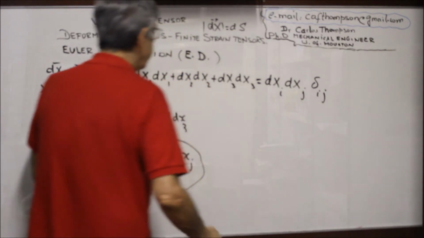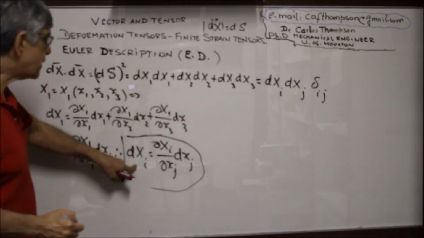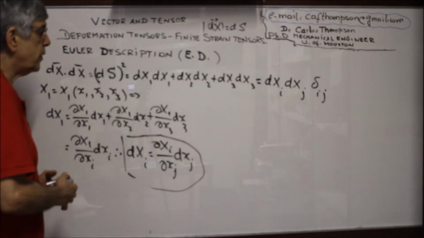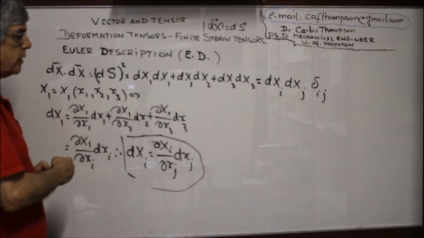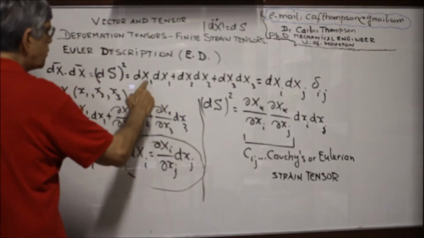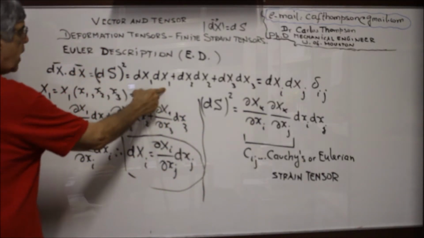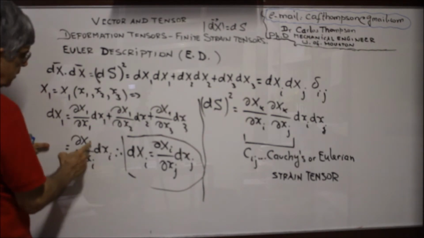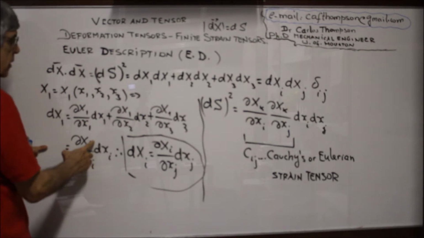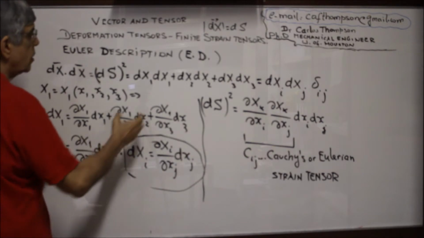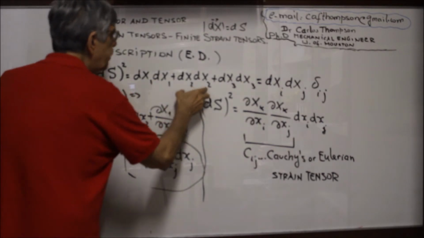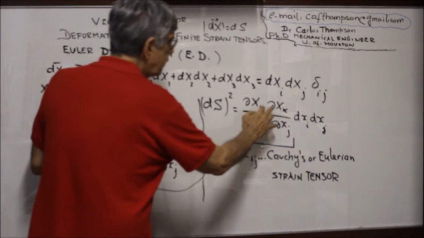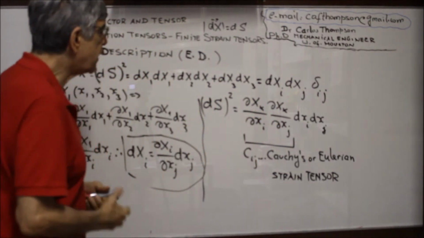Now dxi dot dxj, we are going to use as we did before. You substitute here dx1 times dx1, this times this, plus now it will be 2 over here, dx2 dx2, plus dx3 dx3, exactly like we did before. That's a dummy index k.